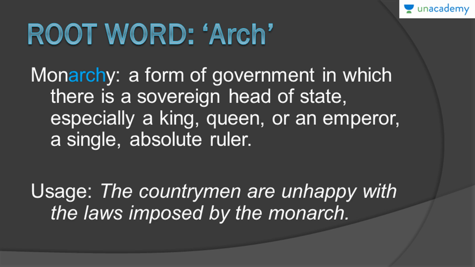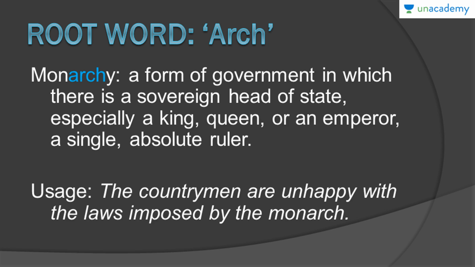So monarchy is a form of government in which there is a sovereign head of state, that is a single head of state. When you use it in a sentence, you say, the countrymen are unhappy with the laws imposed by the monarch. That means the laws which are imposed by the monarch are according to his whims and fancies.